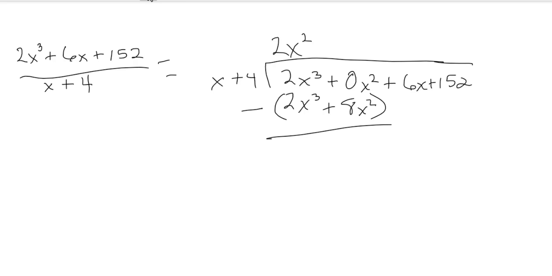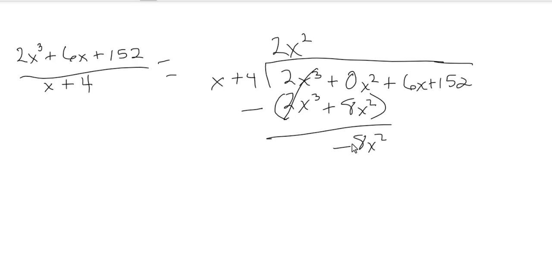2x cubed minus 2x cubed, of course, is 0. And then 0 minus 8x squared. Remember, minus, don't get confused by that plus sign, okay? So since I'm taking 0 and subtracting 8, that's going to make it a negative 8x squared.